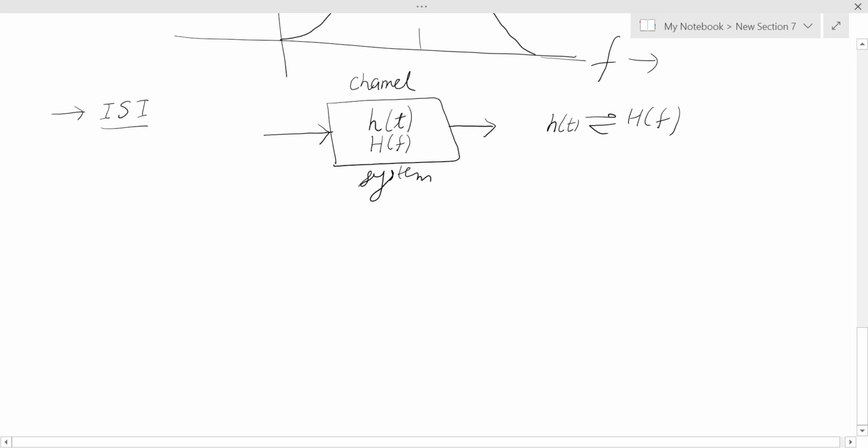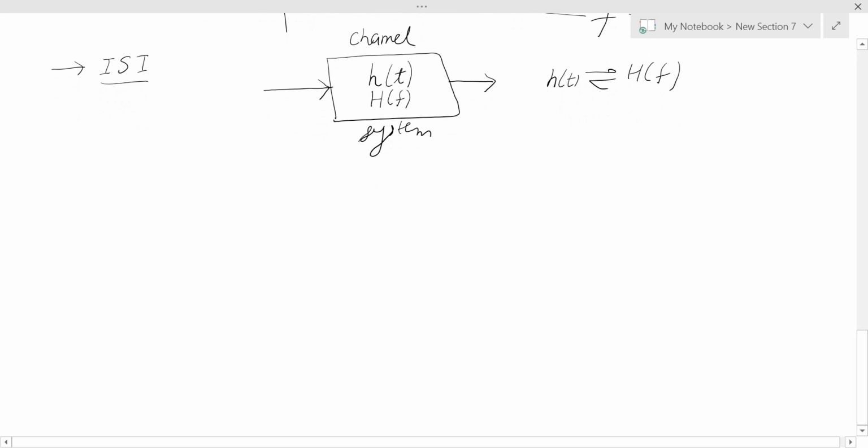What is the characteristic of a usual wireless channel, ideally? The main thing is each channel is fit for particular frequencies. I told this last time also. Suppose you take the telephone channel, that is your wire line, that is represented by a transmission line.